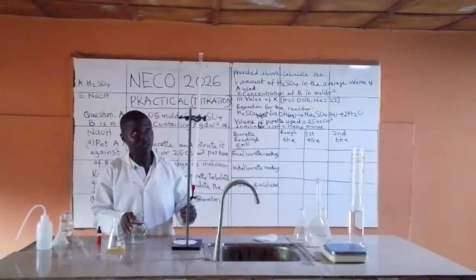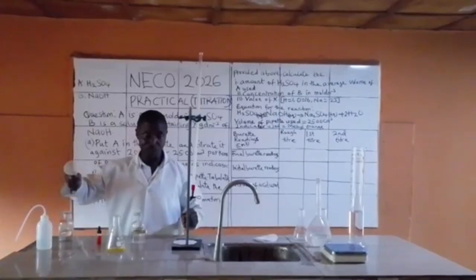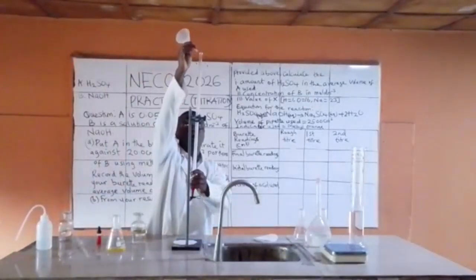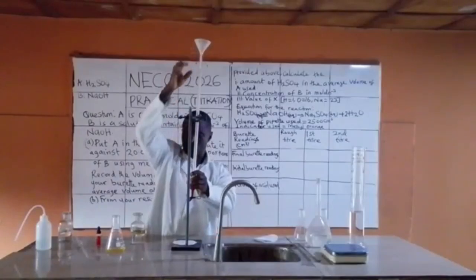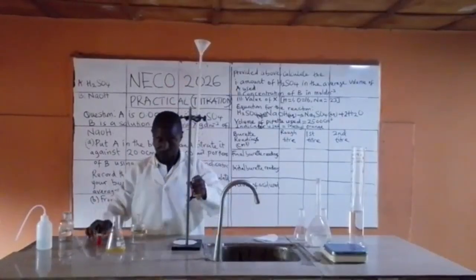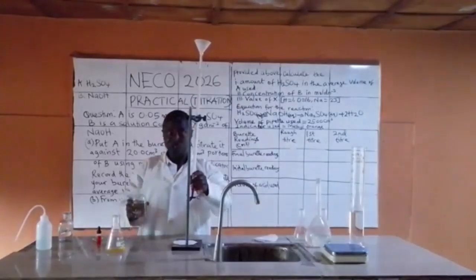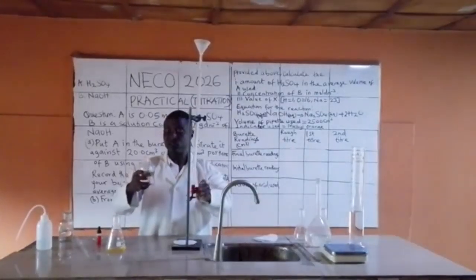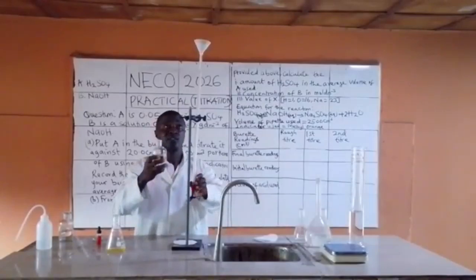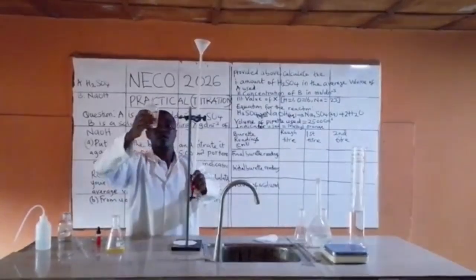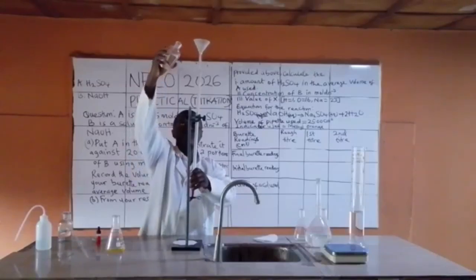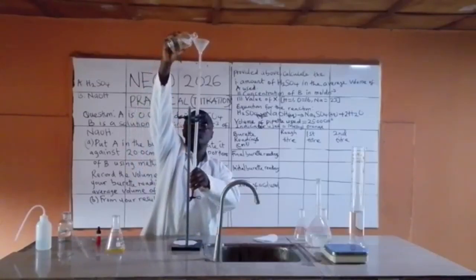Now, after the methyl orange has been added to the base, we are to pour acid inside the burette. This reagent bottle is labeled A for acid.